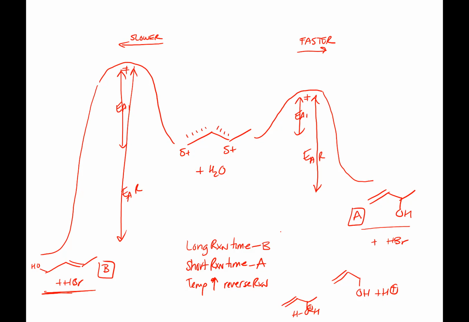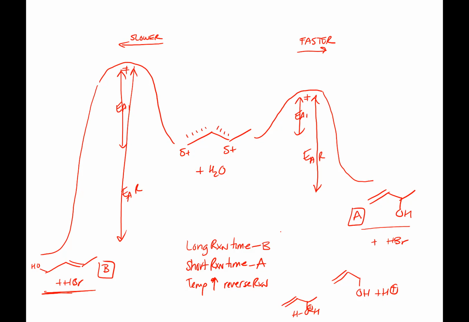So eventually, 2 at a time, nearly everything is going to end up as B. So I want to adjust my temperature so that it can't come out of the B well. But it can't go from A back to the middle, and it can go from the middle to B.